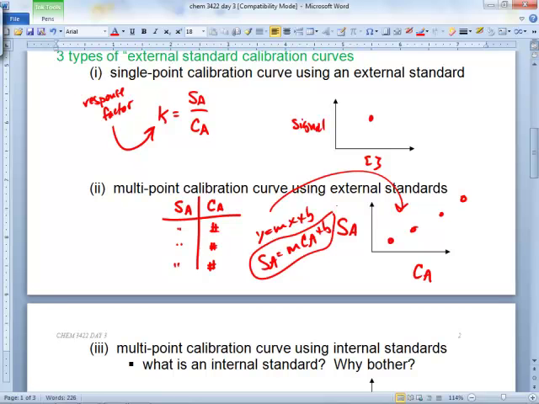Just plot it out, like what we talked about before. Make up all your solutions, plot it out, get your little m and your little b, and then you just shoot your unknown. And what do you get when you shoot the unknown? You get the signal and calculate your C_A.